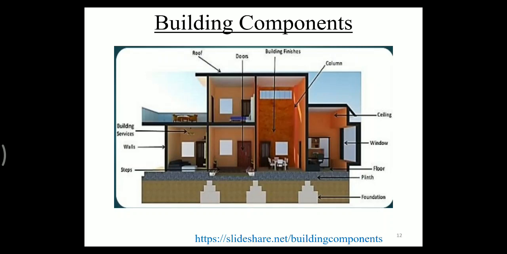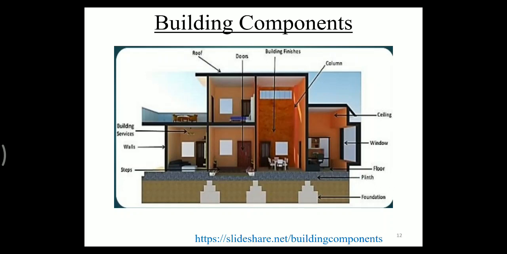Then there are floors for horizontal movement, and they divide the structure vertically. Then there are windows and doors or openings in walls for circulation of air and mobility within floor.